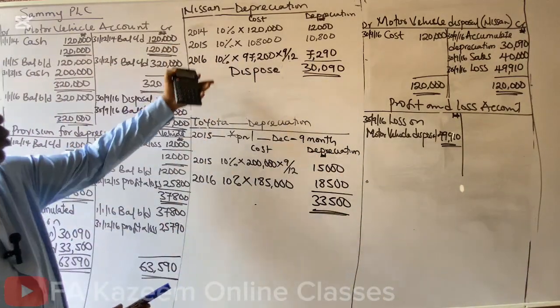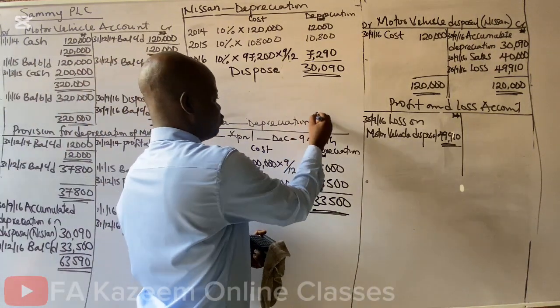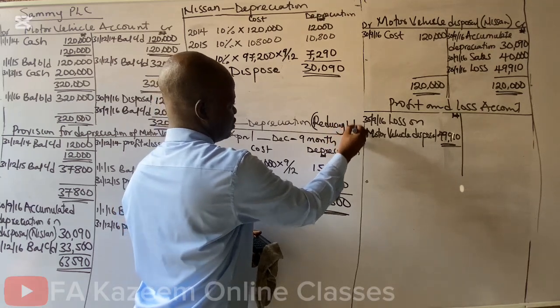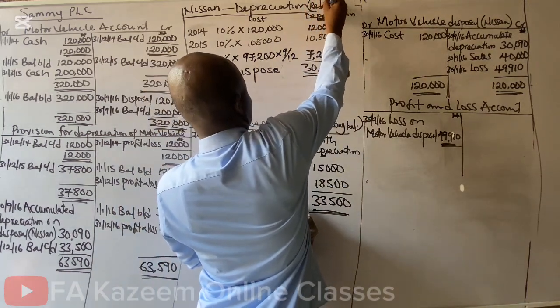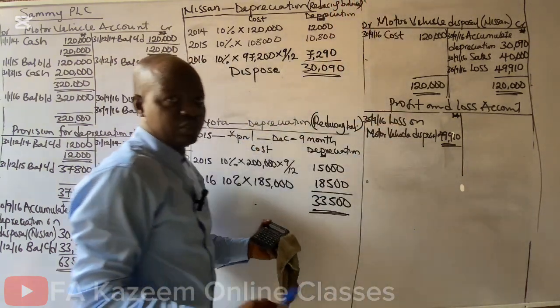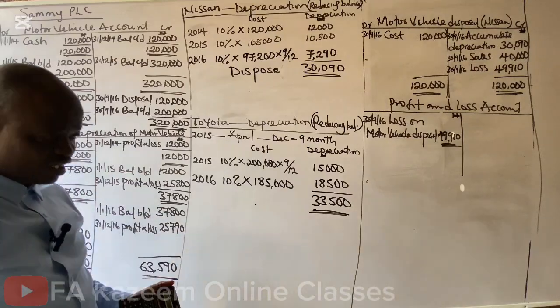This is how we calculate the depreciation. This depreciation, we are using reducing balance method. Now, what we have learned here is three things.